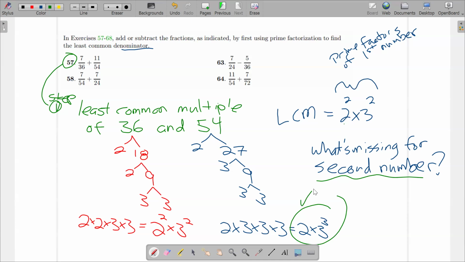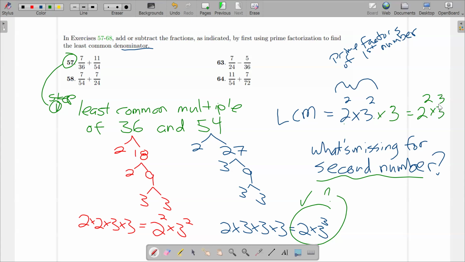I'm good on 2's. Are there enough 3's up above? And the answer is, oh, I don't have enough 3's. I need to multiply in another 3. Cleaning that up, that's going to be 2 squared times 3 cubed.